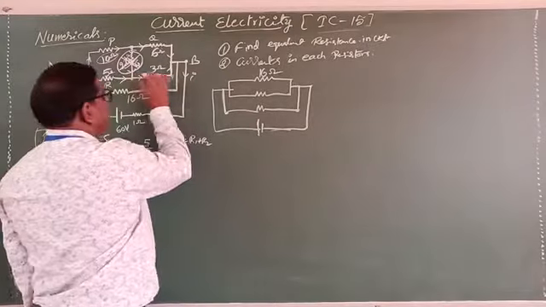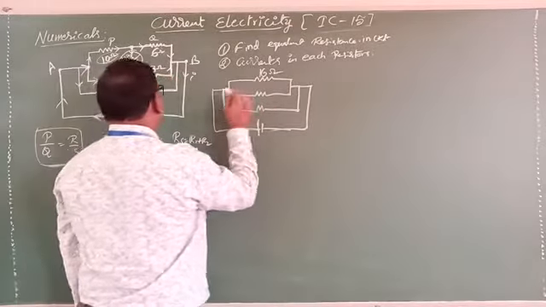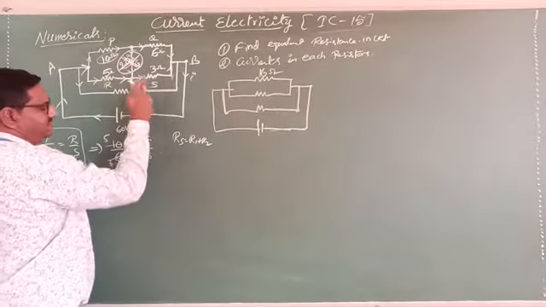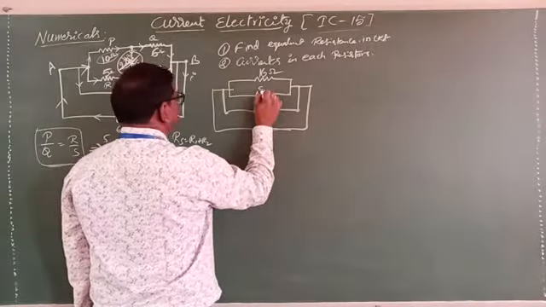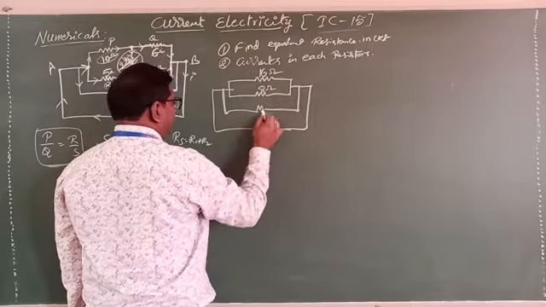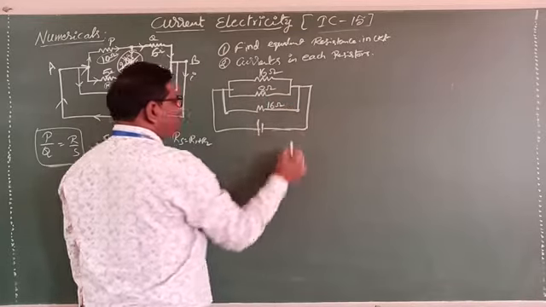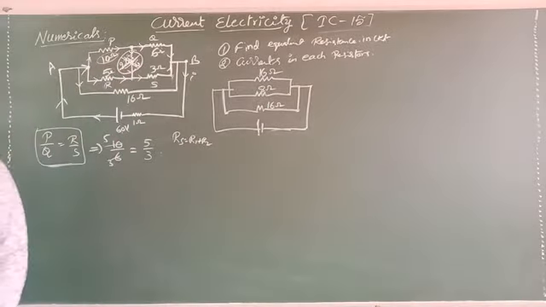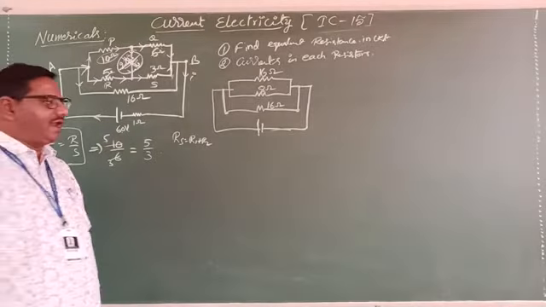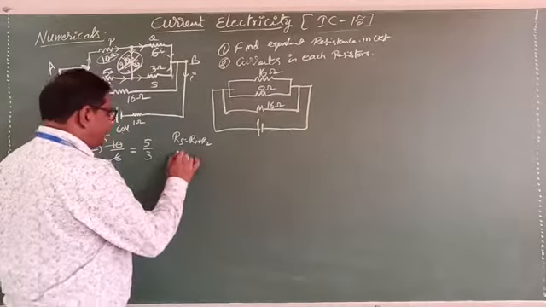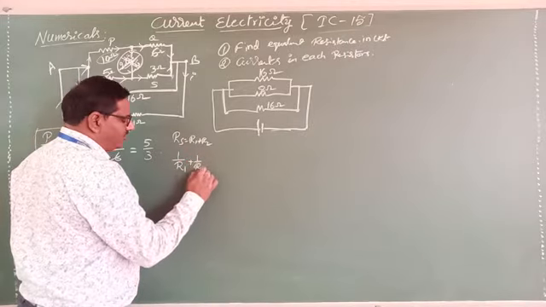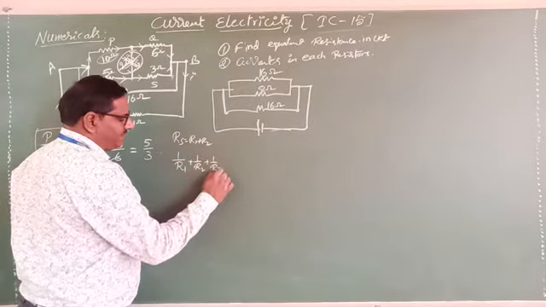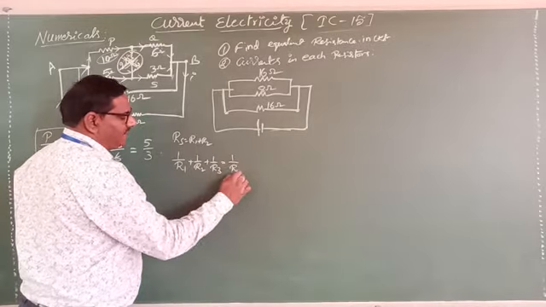Here see that 5 plus 3, how much is it? Because this is also in series. So in series R1 plus R2, how much is it? So 8 ohms. Here they already gave 16 ohms. Now these three are in parallel combination. In parallel, the effective resistance, what can you write? 1 by R1 plus 1 by R2 plus 1 by R3. This is 1 by RP.